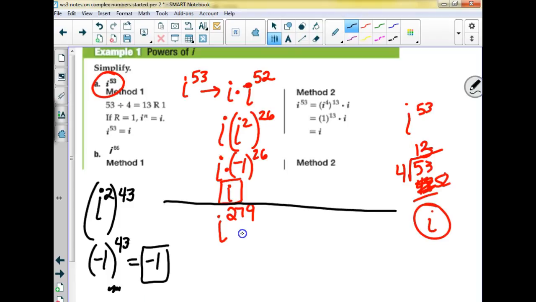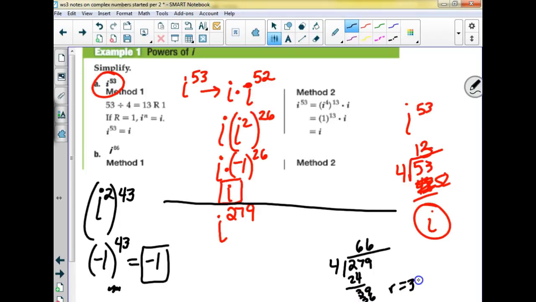All right, so my question is, let's try 279. What do you want to do to 279? You want to divide it by 4? You want to try their method? Okay, if you take 279 and divide it by 4, let's see, you'd have 6 is 24, 39. Did I do that right? You'd have 36, you'd have remainder 3.